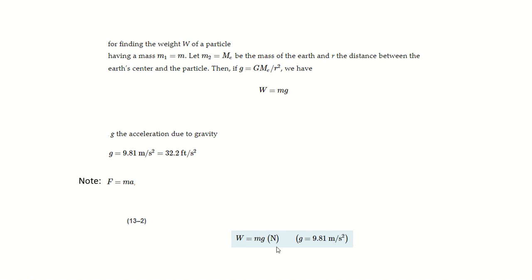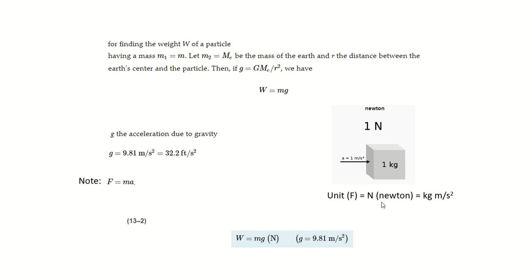So mass times acceleration unit will give you Newton. You have to know what a Newton unit is. And of course, I don't want you to forget your force unit, which is Newton. Your weight unit is also Newton, because it's the same thing.